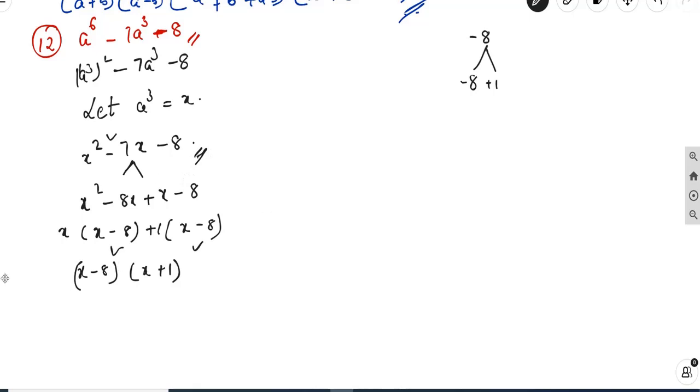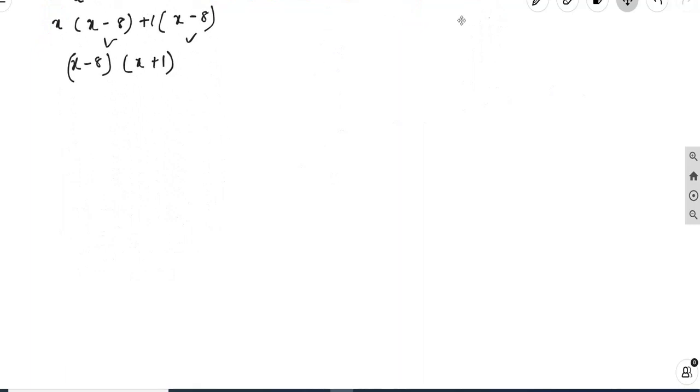Still we have to solve this. Again, we have to substitute back what we have taken as x. We have taken x as a to the power of 3. So this becomes a to the power of 3 minus 8, open the bracket, x plus 1.